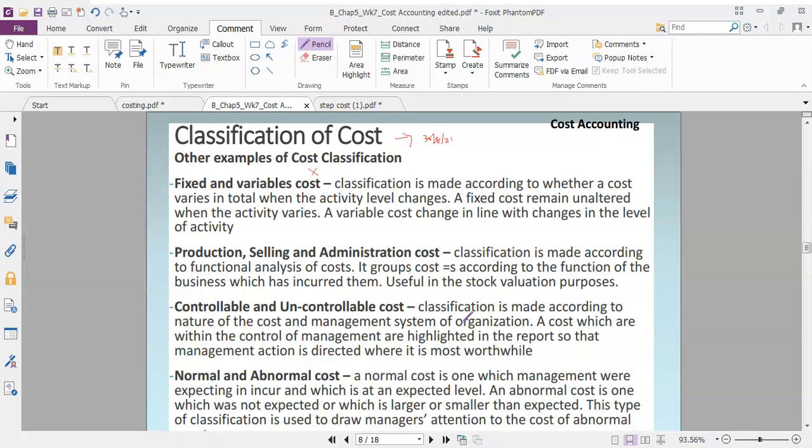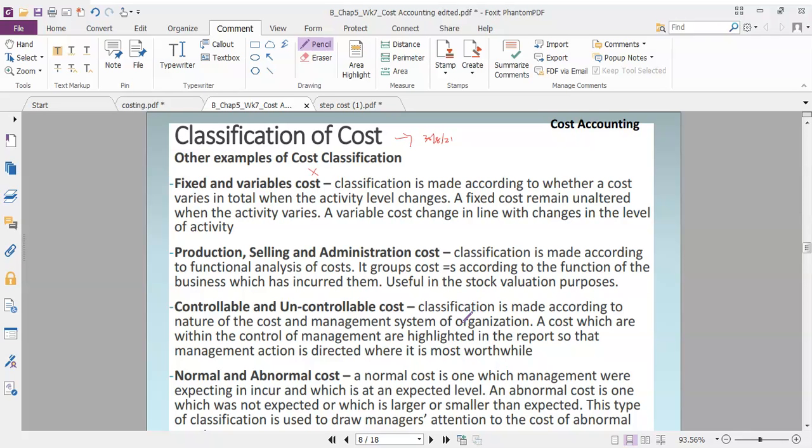Contoh, kalau tiba-tiba ada berlakunya banjir. Lepas tu efek kat kilang kita, kat manufacturing company kita. So, tak boleh nak buat production. So, kita akan incur cost untuk bersihkan kilang daripada lumpur banjir tersebut.